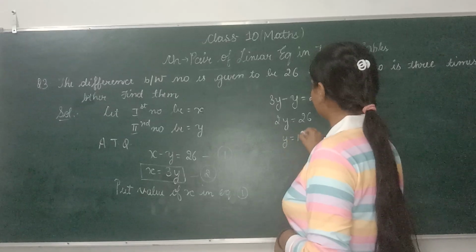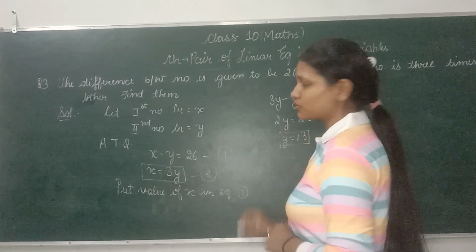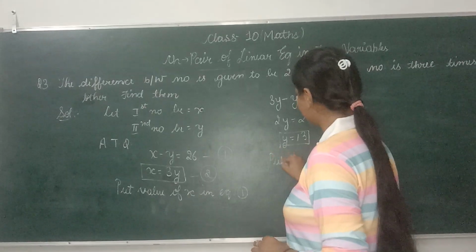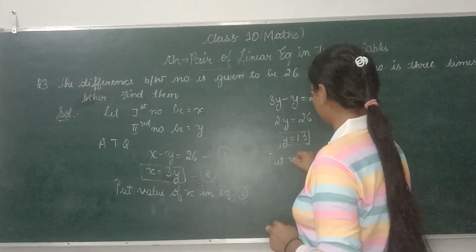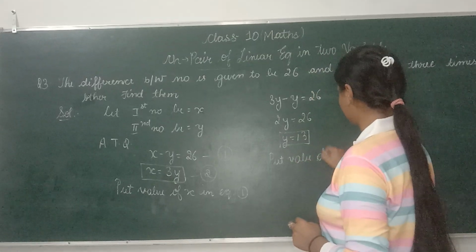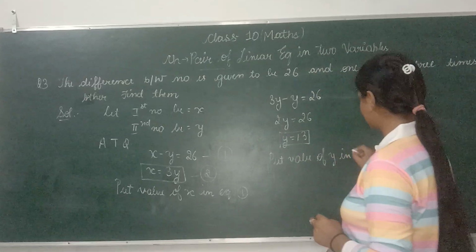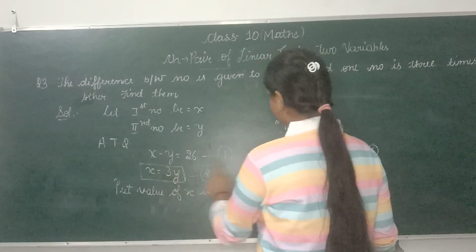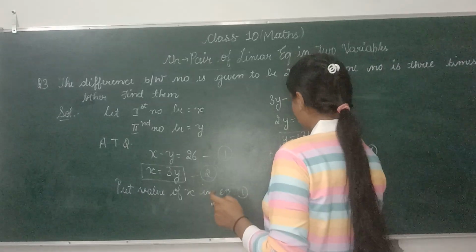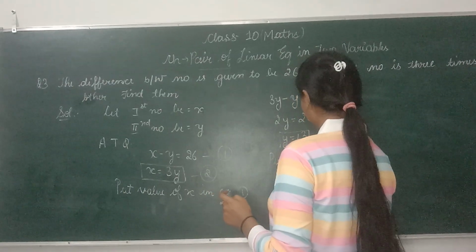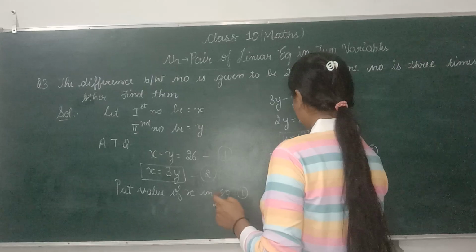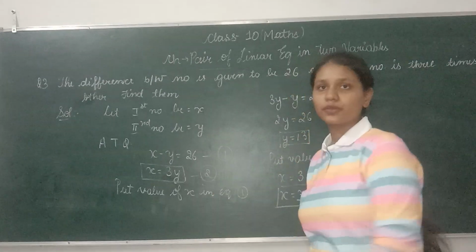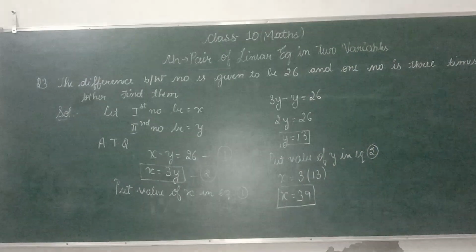So y will be 13. You have calculated the value of y. Now put the value of y in equation second. So by putting the value of y in equation second, x is equals to 3 multiplied by 13, that is x is equals to 39. So you can easily calculate the values of x and y.